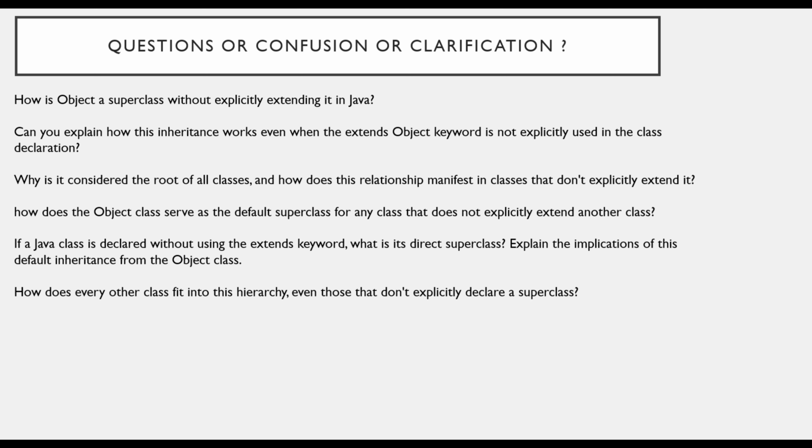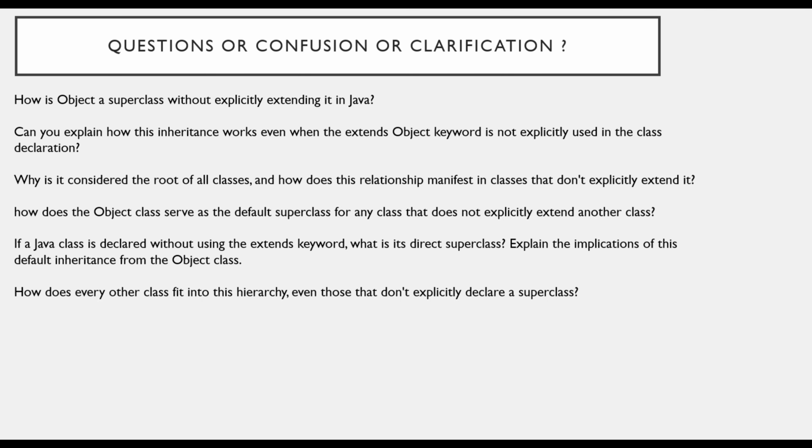Now there might be several questions around it. I have noted the most common confusing or clarification questions which people ask about the Object class. The questions are: how is Object the superclass without explicitly extending it in Java?